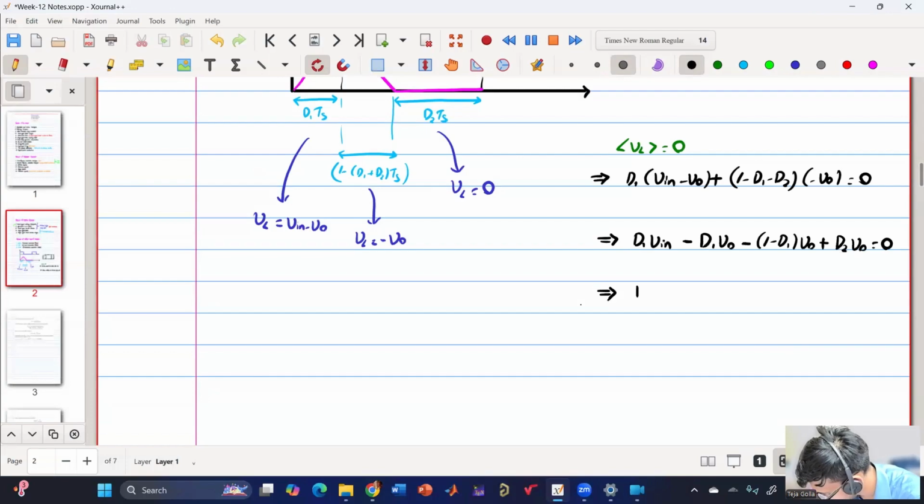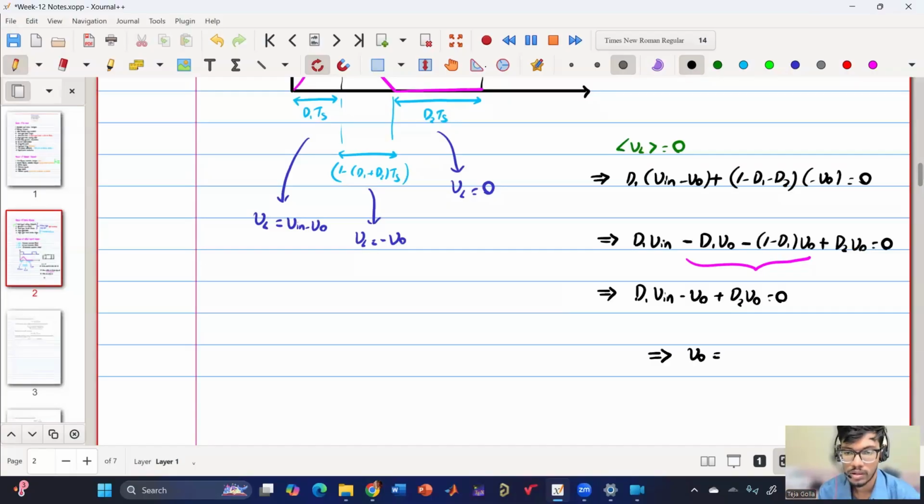So now we will get d1 into Vin minus V0 plus d2 into V0 equals 0. Can you tell me the expression for V0? D1 by 1 minus d2 into Vin.